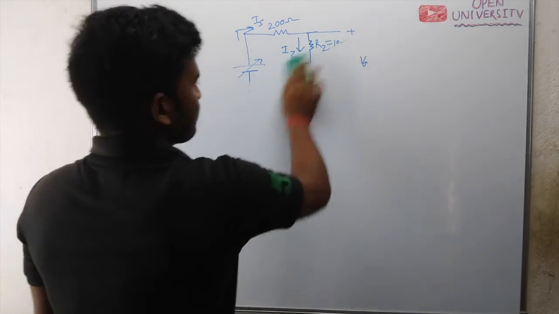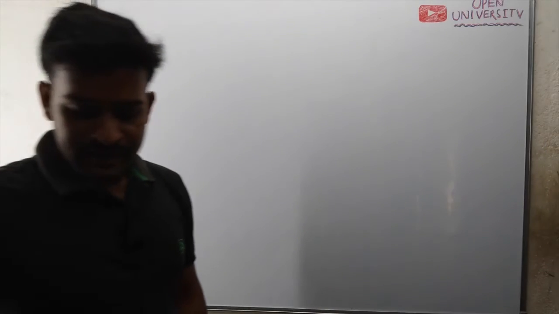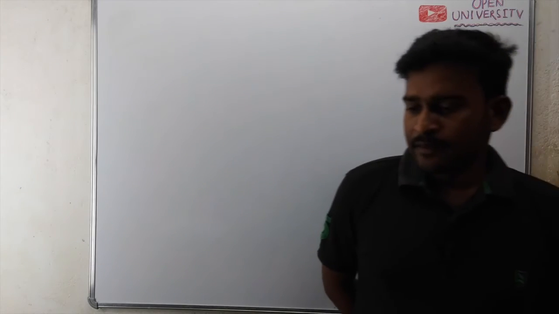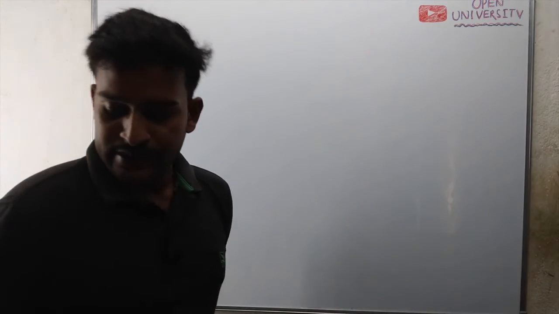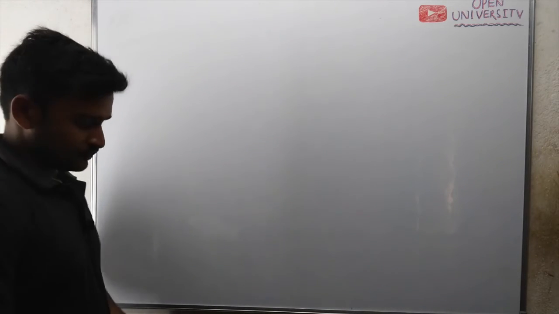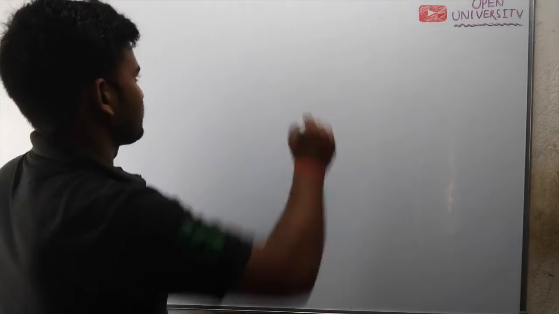If the supply voltage is 10 volt and the output voltage is 3.5 volt, then calculate the Zener current and the load current. Draw the diagram.